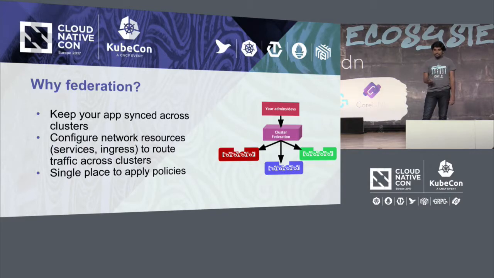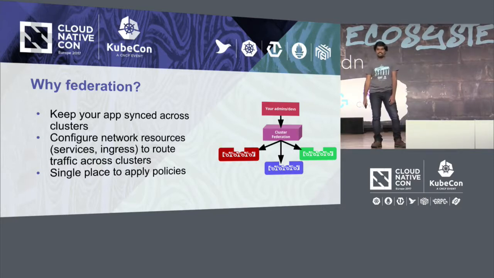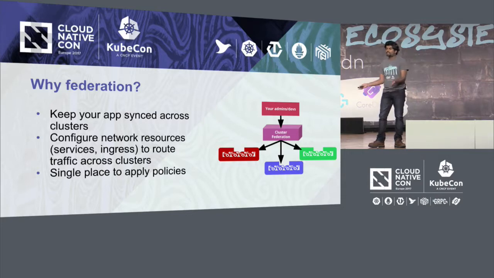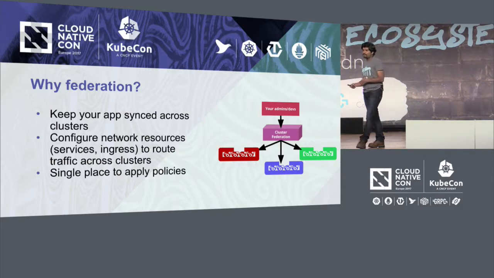And what federation specifically helps with is, like in this example, you can see you might have red, blue, and green, 3 different clusters. And you want to deploy your app across all the 3 clusters. So without federation, how would you do it? Your developer would have to create the same deployment across all those 3 clusters, and whenever you're doing a rolling update, you'll have to update all 3 of them.